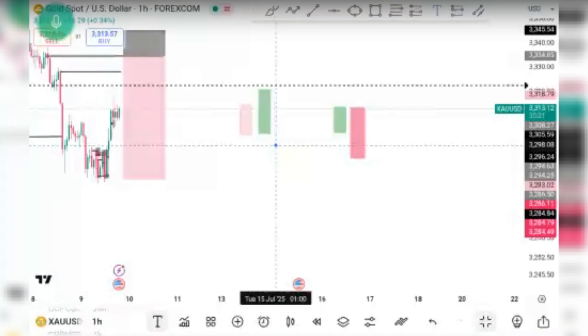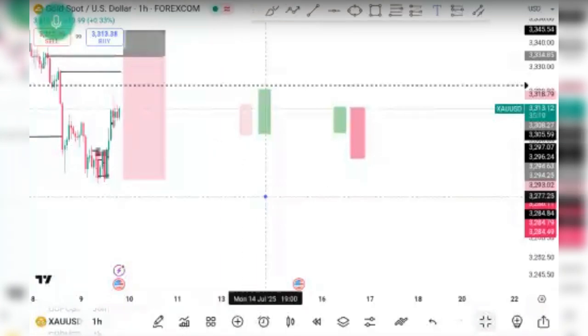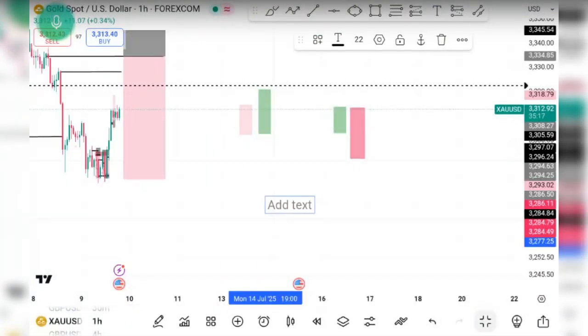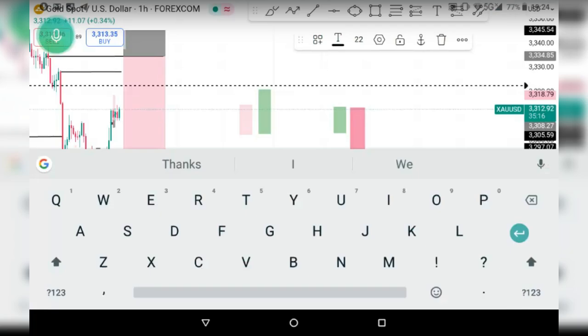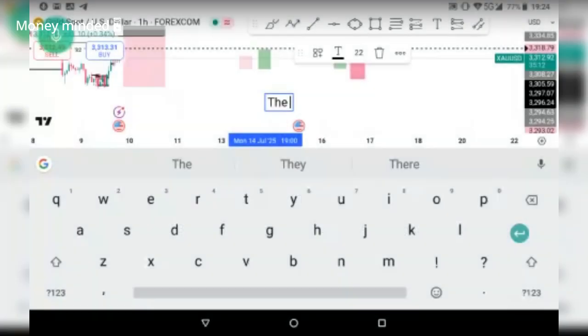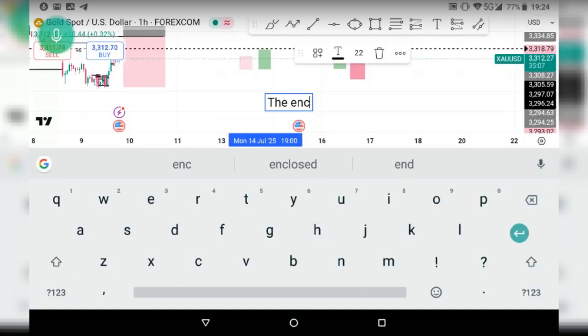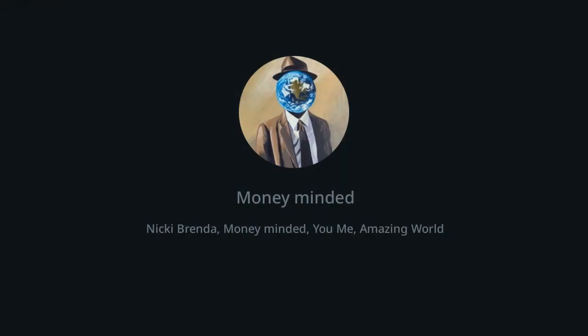Let me type. The engulfing pattern. That's what I call this.